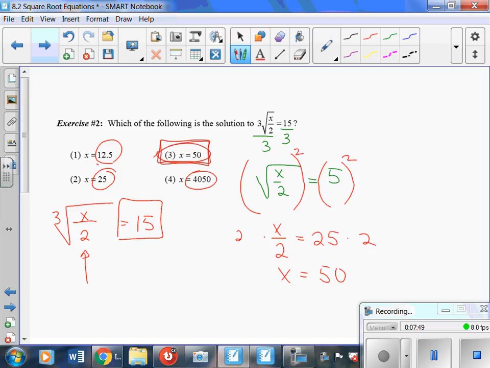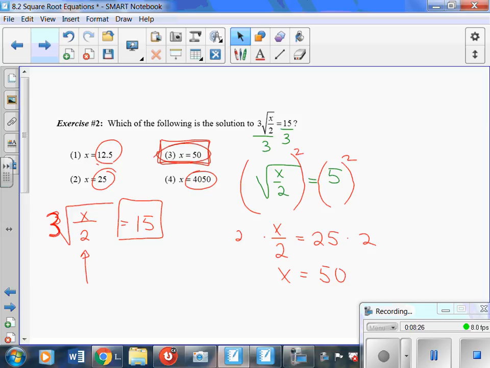Because you get 50 divided by 2, which is 25, the square root of 25 is 5, and 5 times 3 is 15. So it comes out fine that way too. Remember, don't overthink some of these. These multiple choice questions, some of them are hard, but some of them really aren't.